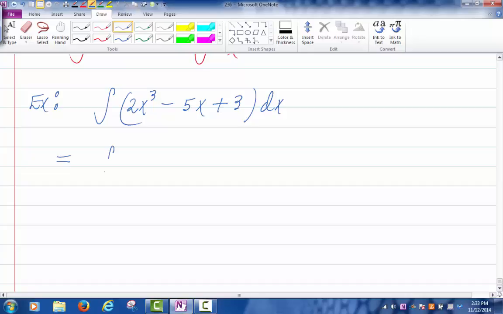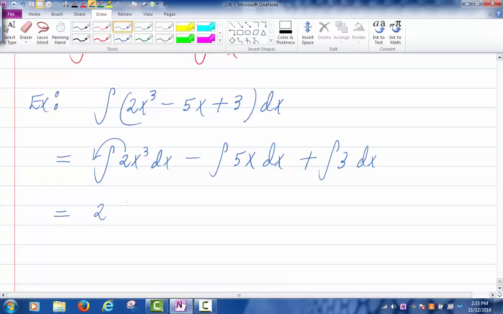So that means that I can take the integral of 2x cubed dx minus the integral of 5x dx plus the integral of 3 dx. So this is by number 1 of the first theorem that I gave. And then the second part of that theorem tells you that if you have a constant factor in the integrand, that can be taken outside of the integral sign.